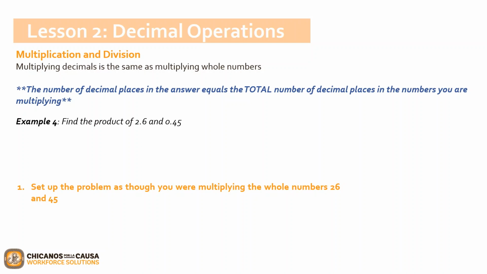So first step, we're going to set up the problem as though we were multiplying the whole numbers 26 and 45, even though their decimal points are in different places. So here you see we have already lined them up. And now we're going to work through them together.